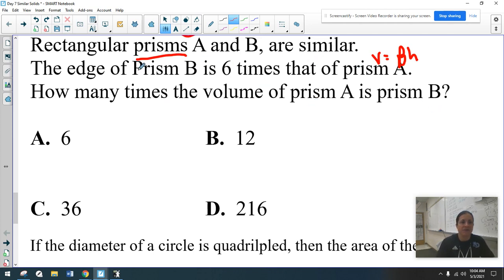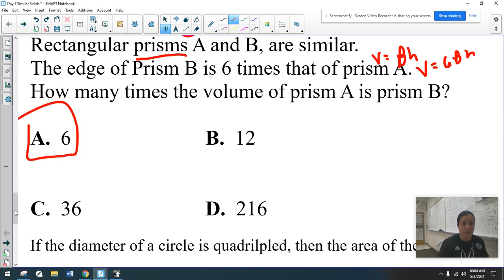Okay, so if we're talking the edge, one of the edges is 6 times, so just one of those needs to be times 6. So it's all multiplication anyway. So it doesn't matter where you put your 6, whether you put it in front of the B, whether you put it in front of the H, it's all times 6. So this is just going to be times 6.